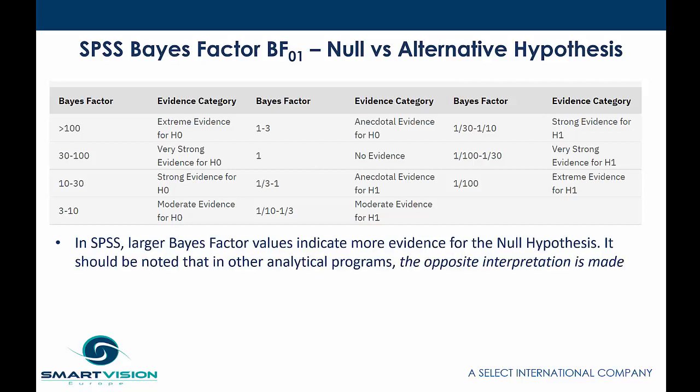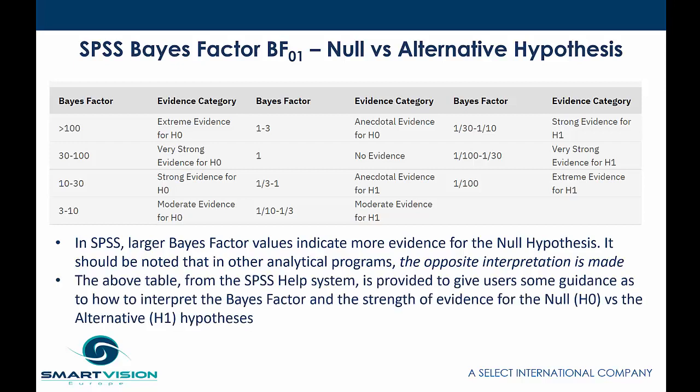In SPSS, larger Bayes factor values indicate more evidence for the null hypothesis. It should be noted that in other analytical programs, the opposite interpretation is made. The table from the help system is provided to give users some guidance as to how to interpret the Bayes factor and the strength of evidence for the null H0 versus the alternative H1 hypotheses.